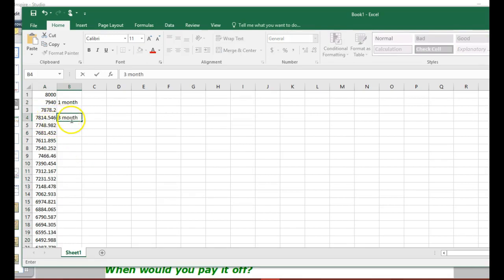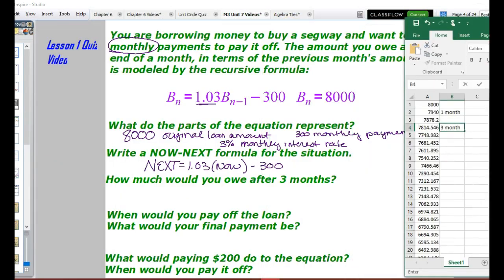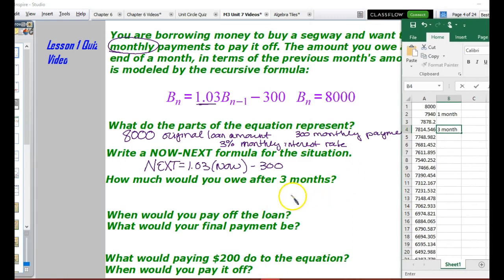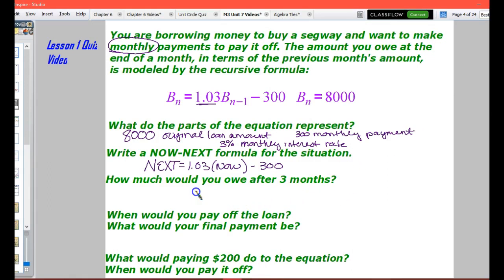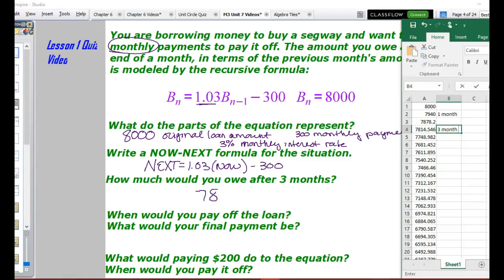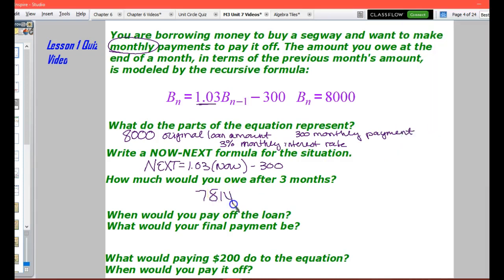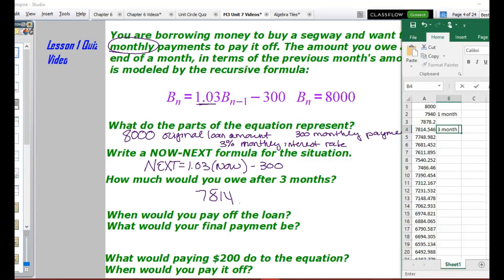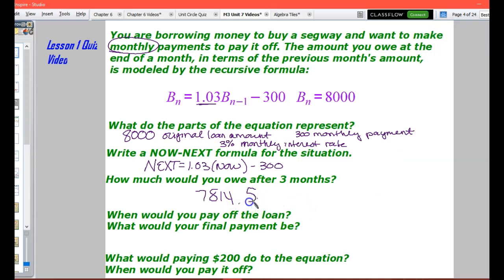So going back to 7841.54, I'll drag this over here, and then I can just go ahead and write 7814.54. I'd still owe 54 cents, or maybe 55, something like that. Close counts there. So how much you would owe after 3 months, there we have it.